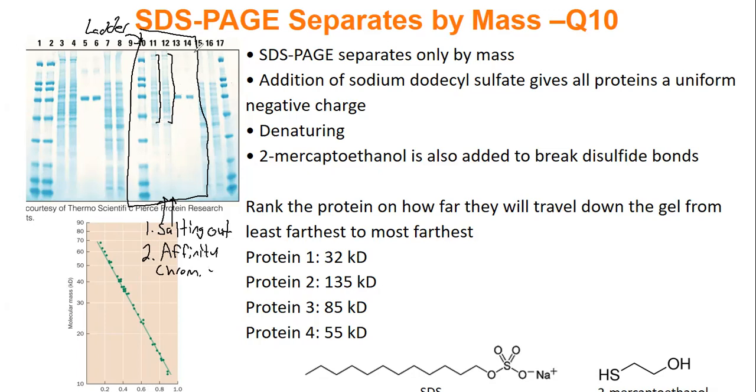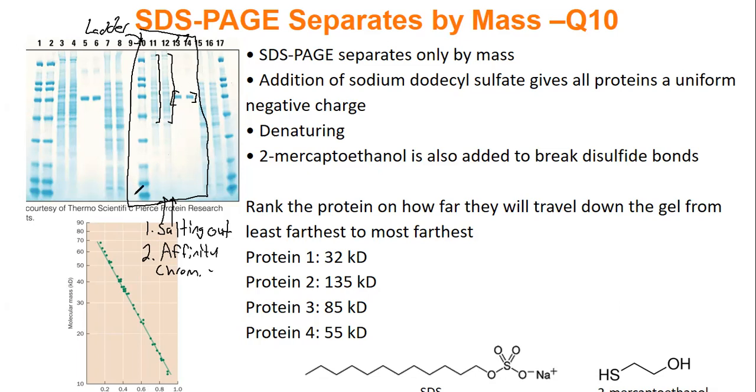And affinity chromatography, let's say that's in rows 13 and 14. You can see on 13 and 14, I only have one protein that's showing up. So what that is telling us is that our sample is pure. We only have one type of protein in there.